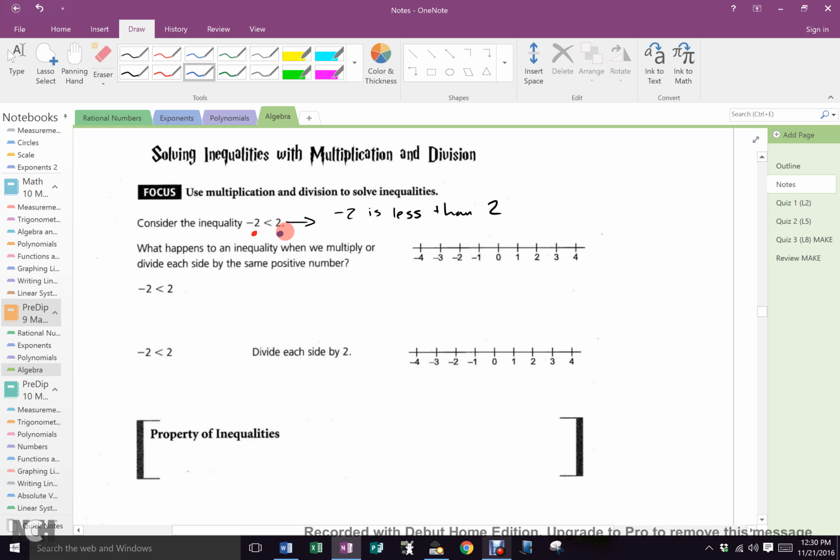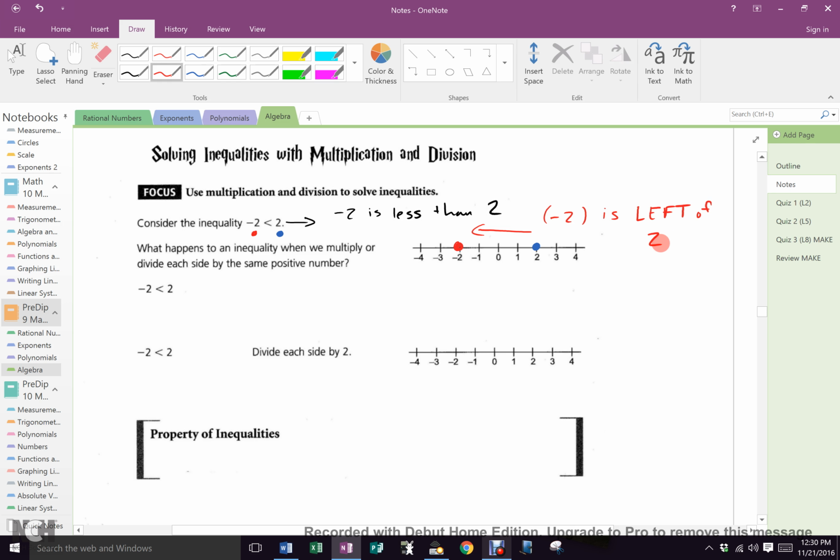You've got to go from -2 to 2. Put a red dot on -2 and another one in a different color on 2. And what makes that true? You draw an arrow from -2 to 2. The -2 is left of +2.